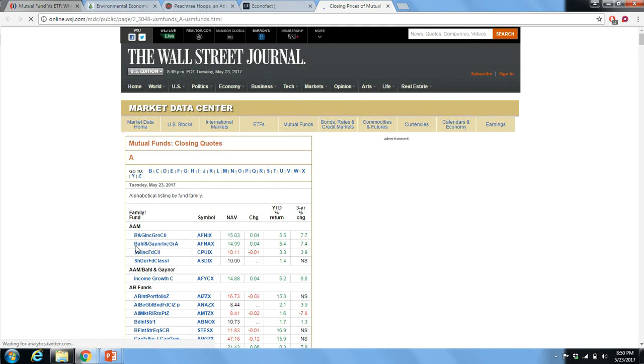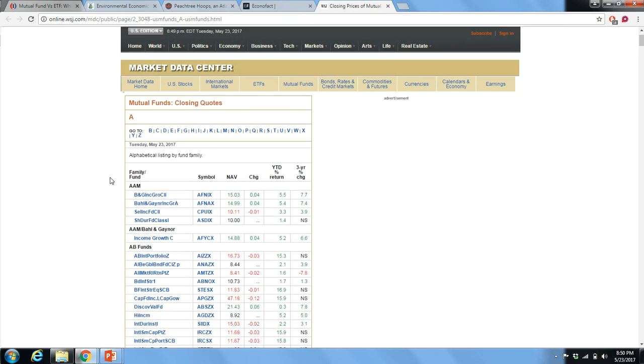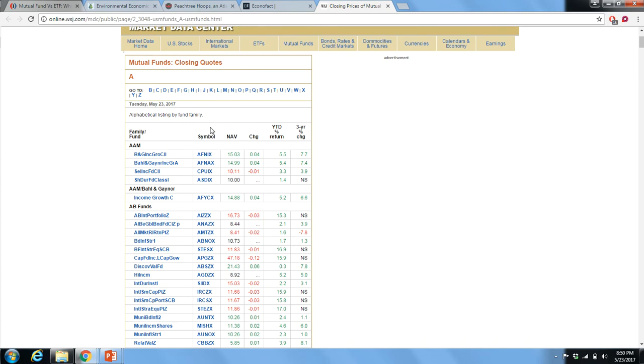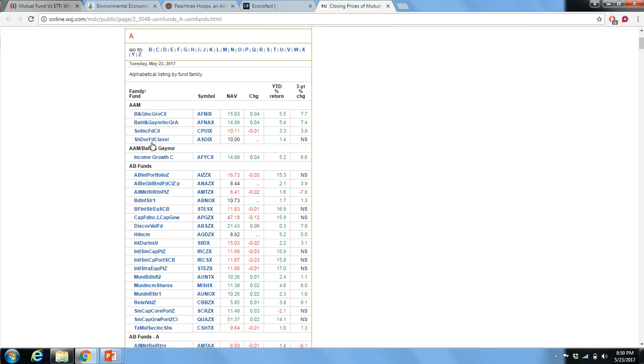So here's the Wall Street Journal once again, and now we're looking at mutual funds. And so when you see a particular mutual fund, they're going to have abbreviations for what type of fund they are, and it kind of depends on the company. But you'll see after them a P, an R, or a T. What P stands for is it tells us the fund has an annual fee applied as a percent of assets managed.